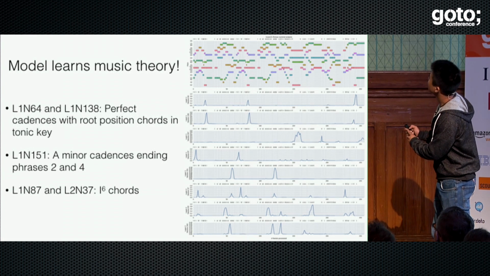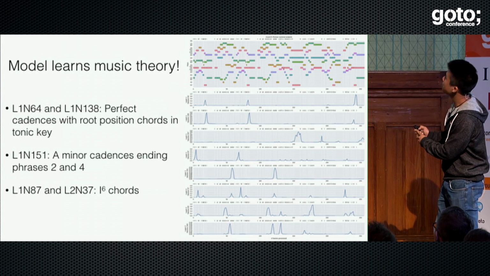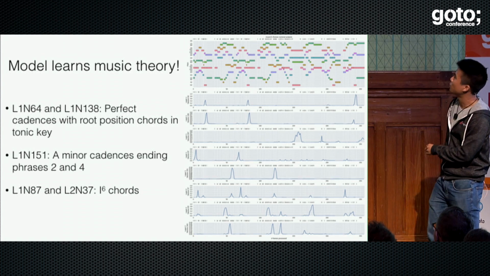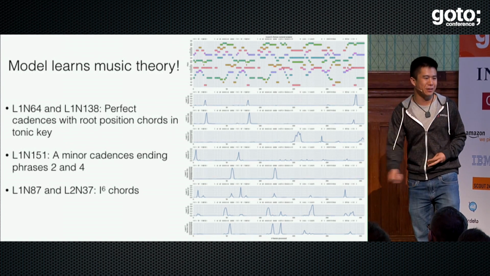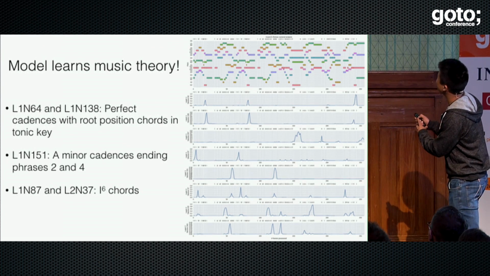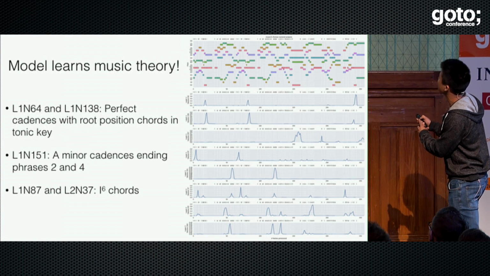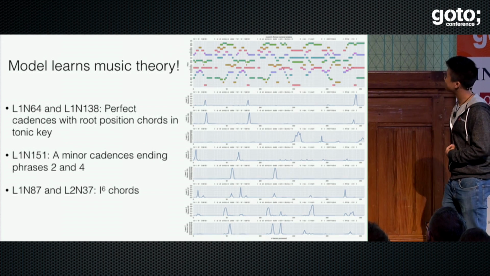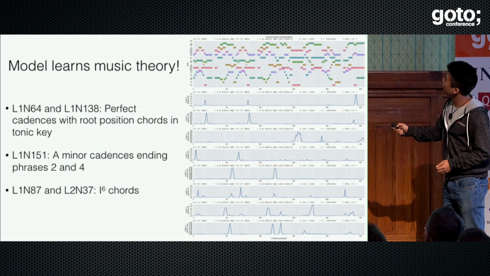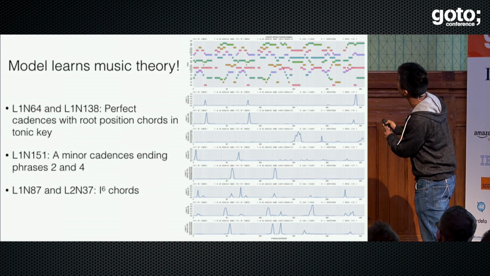He said that neuron 64, this one, and layer 1 neuron 138, this one, they appear to be picking out perfect cadences with root position chords in the tonic key. More music theory than I can understand, but if I look up here, it's like that shape right there on the piano roll looks like that shape on the piano roll, looks like that shape on the piano roll. Interesting. Layer 1, neuron 151, I believe that is this one.